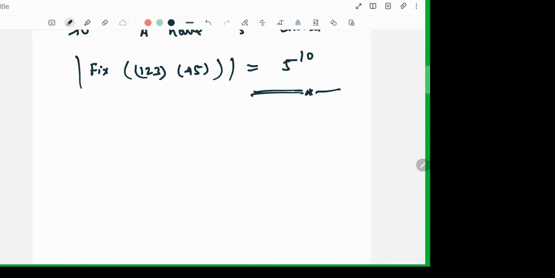So next problem. This is the third part of these problems under the same group action.